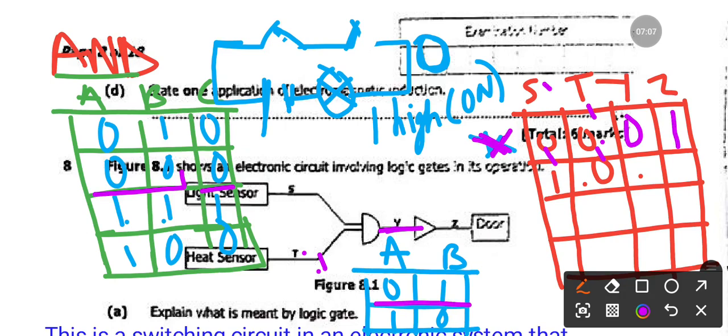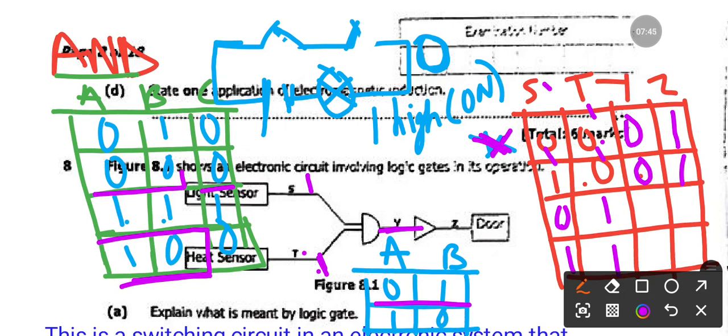And if the input at S is 1 and the other input at T is 1, then the resulting output at Y would be 1 if you check on this part. The other combinations for this circuit are 0, 1, and 1, 0 there.